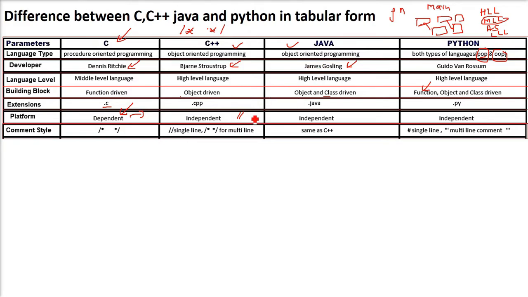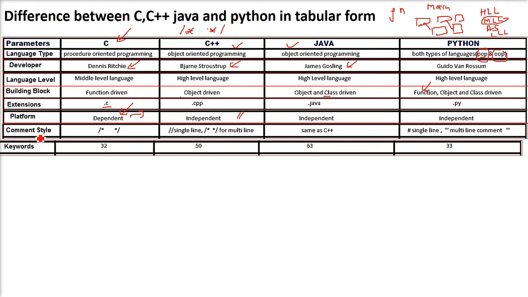Then Java is similar to C++. In Python, it is hash for a single line and triple quotes for a multi-line comment. How many keywords are there? C has 32 keywords, C++ has 50 keywords, Java has 63 keywords, and Python has 33.